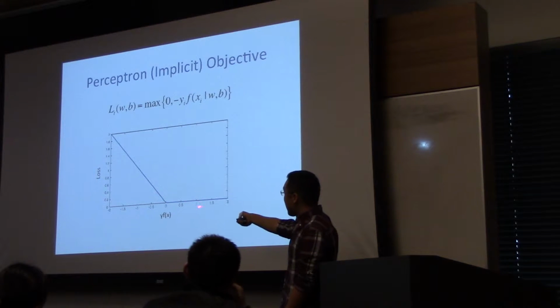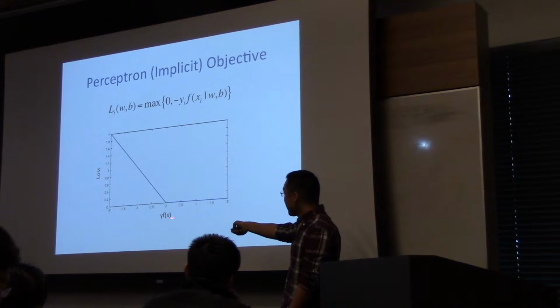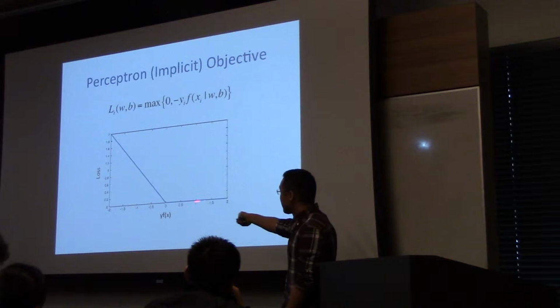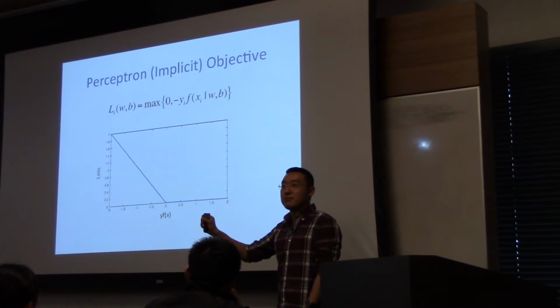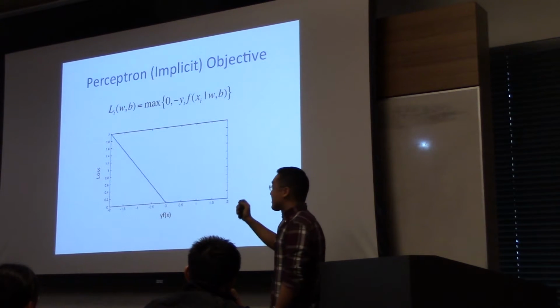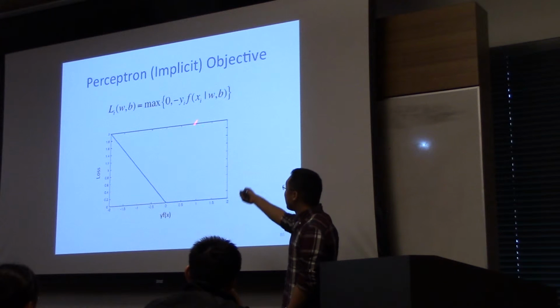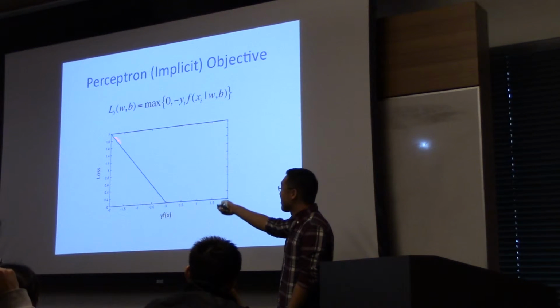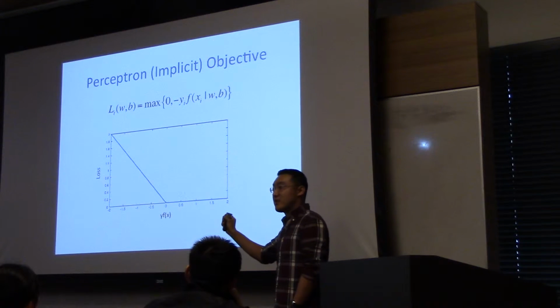So if the sign of our score agrees with the sign of the label, we're in this regime, which is flat, so the gradient is 0, so we make no update. If the sign of our scoring function disagrees with the sign of the label, then by this formula we're in this regime, and the slope of this is linear in the feature value.